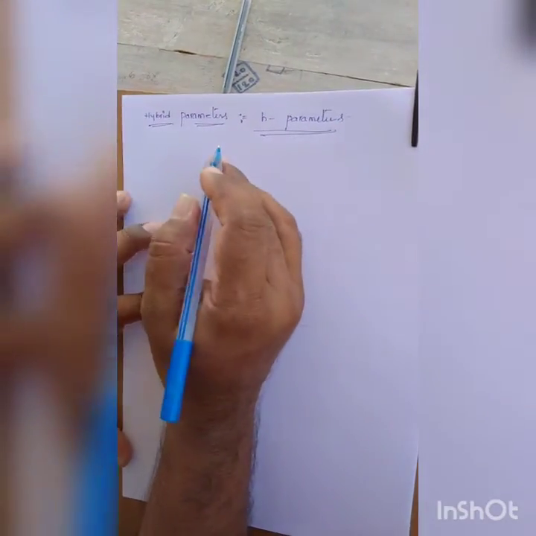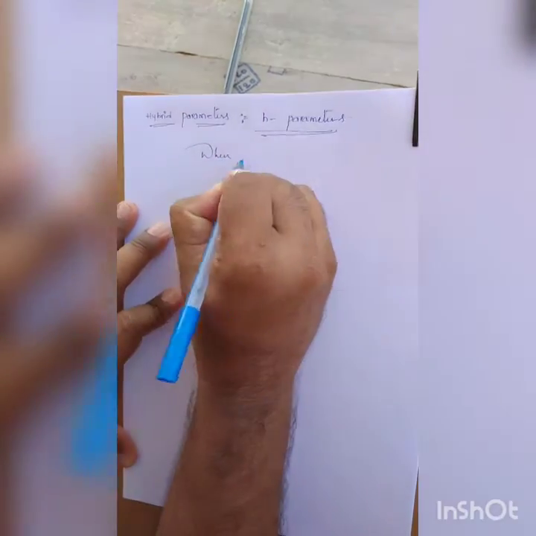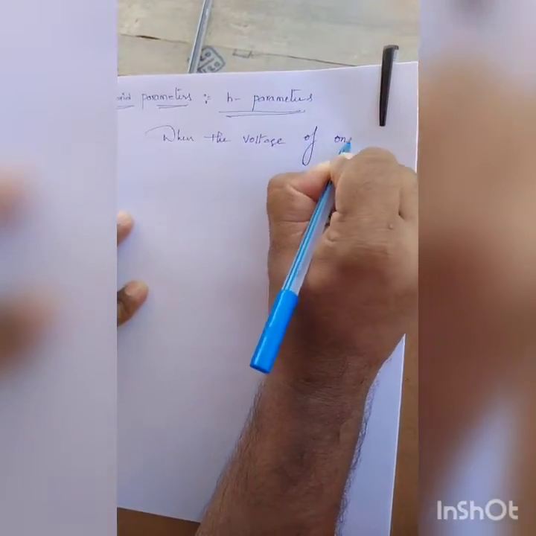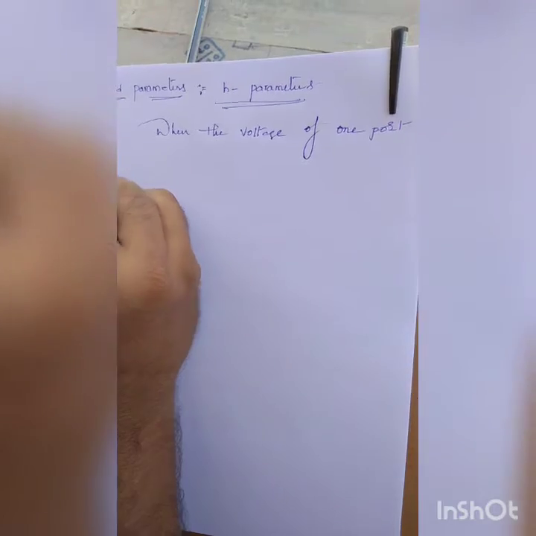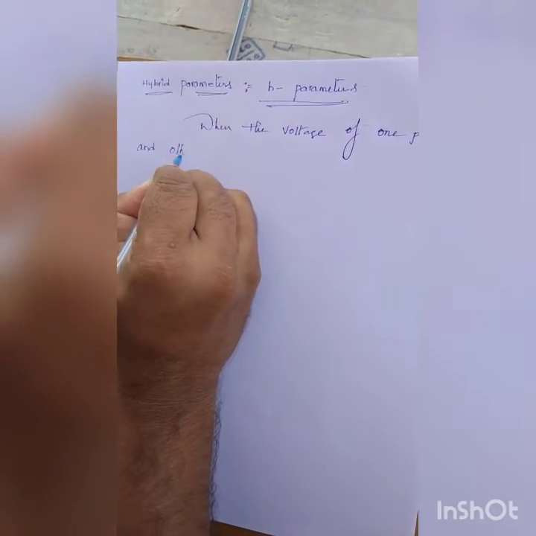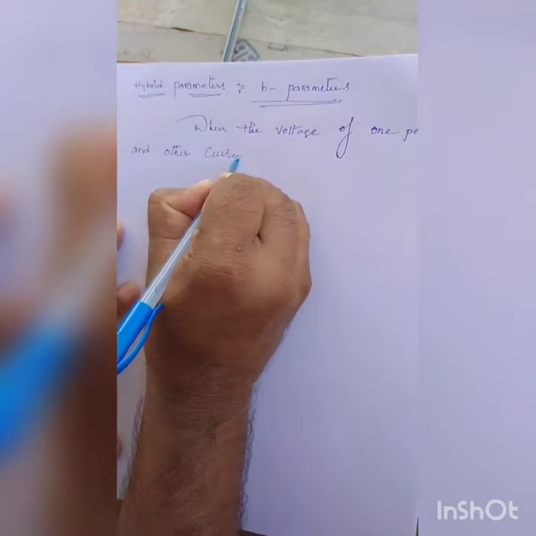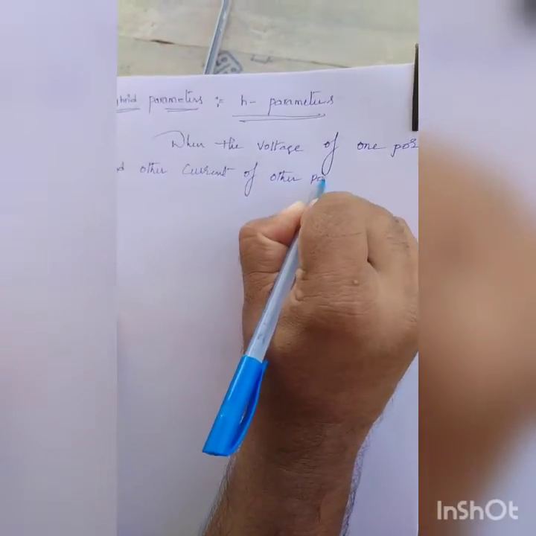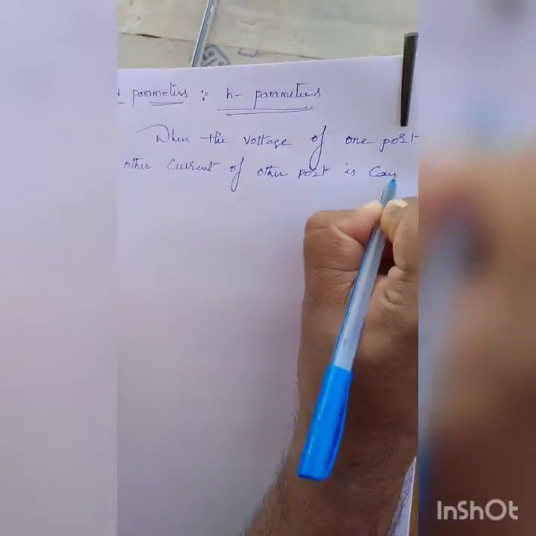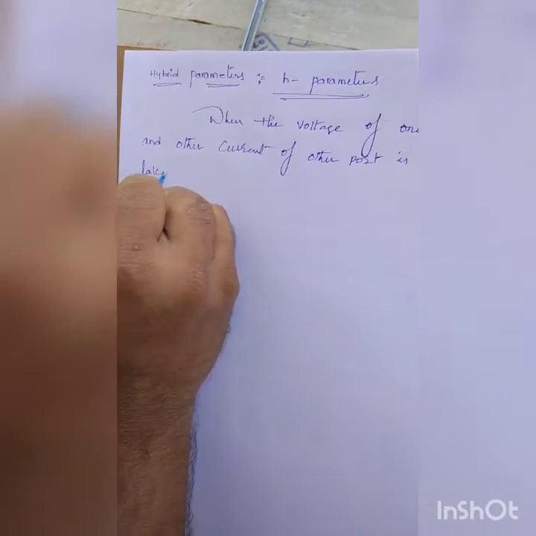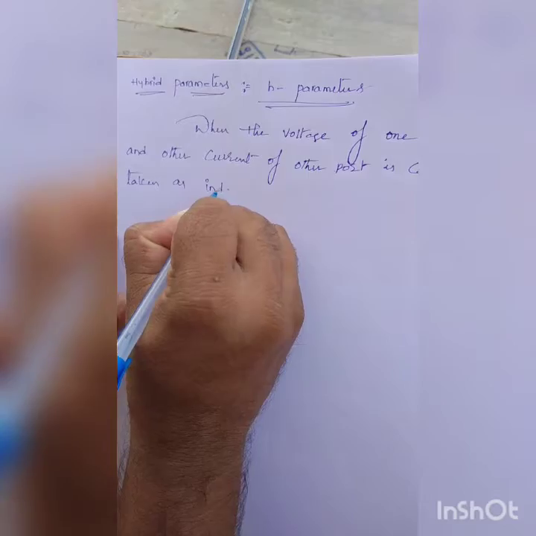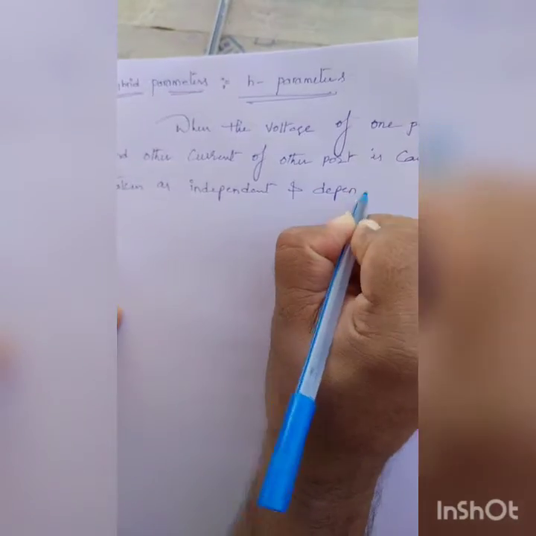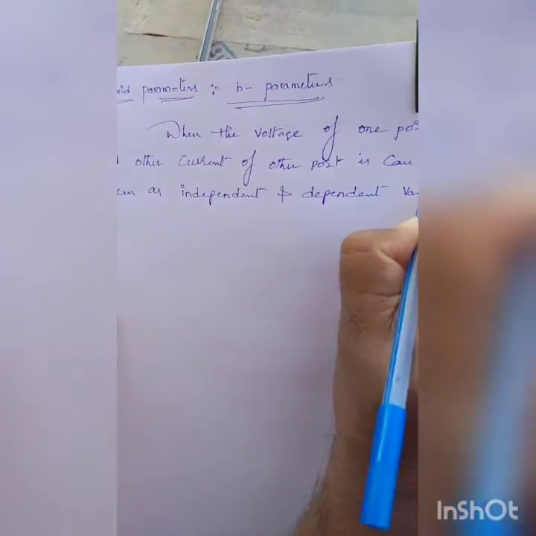H parameters are nothing but when the voltage of one port and the current of the other port can be taken as independent and dependent variables.